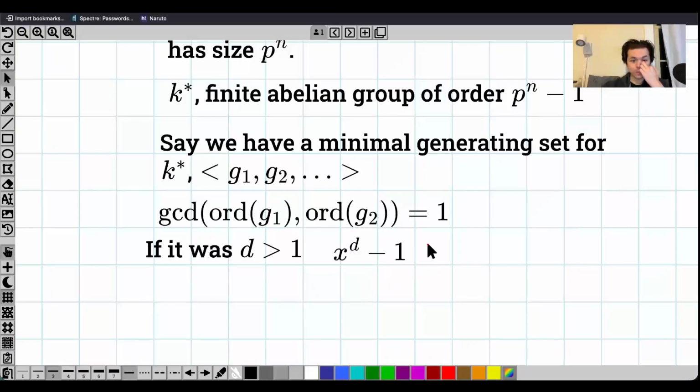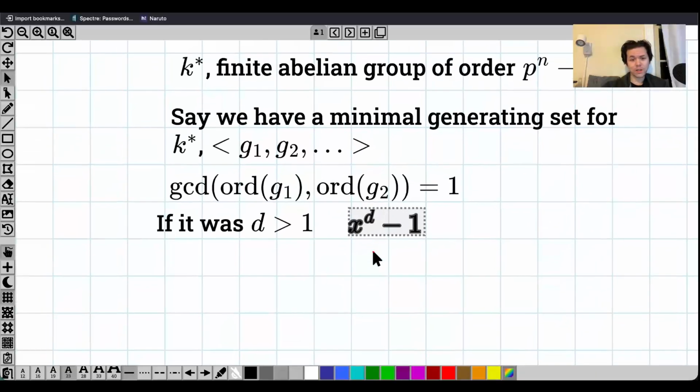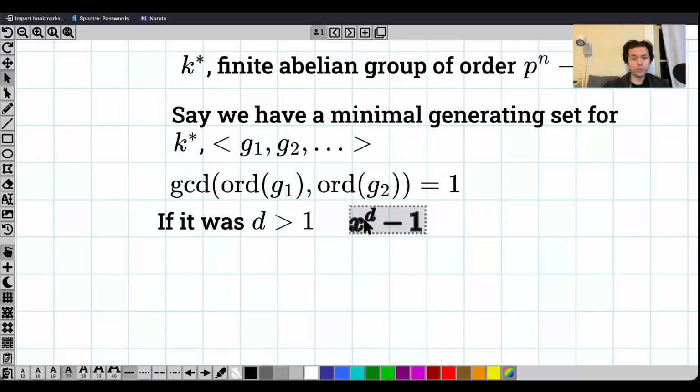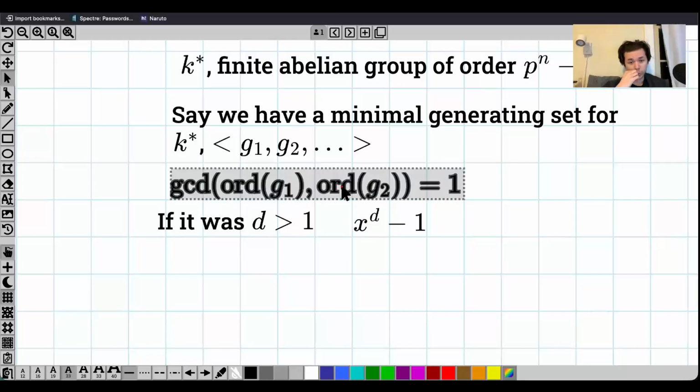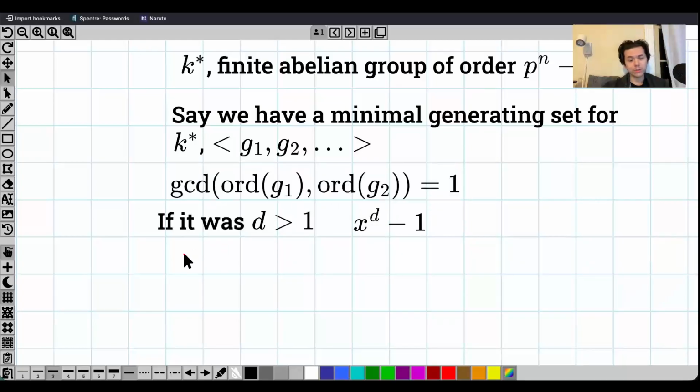And over a field, if you have a nice separable polynomial like this, which this is separable, you have at most d roots. So if the GCD was d greater than 1, this would have too many roots, which would be a contradiction, so their GCD is 1. Okay, that's cool to know.